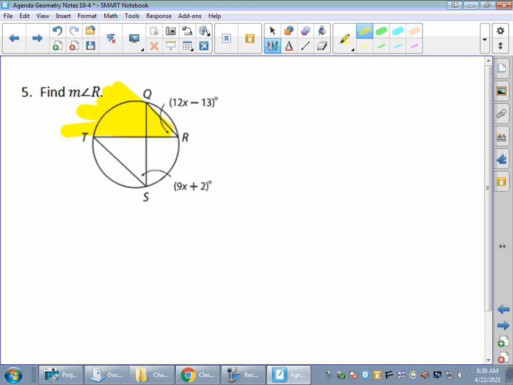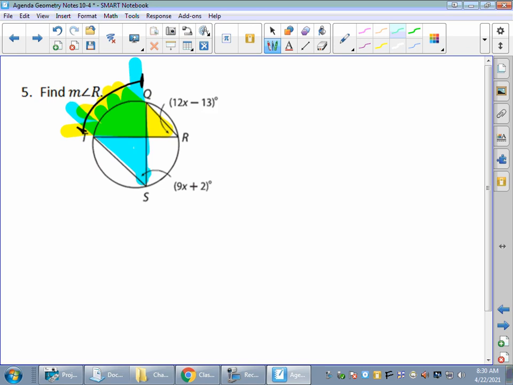Not very helpful. However, I also have some information on angle S. I know angle S is 9x plus 2. Not super helpful, but let's trace angle S out. So I'm going to trace that chord SQ and ST. Highlight that. What do you notice about those two tracings?